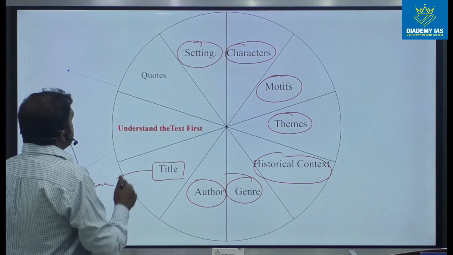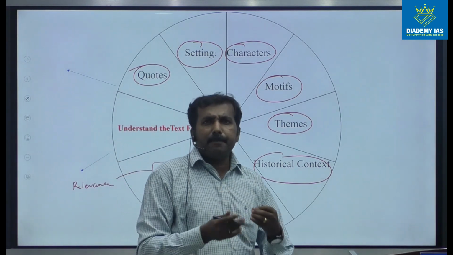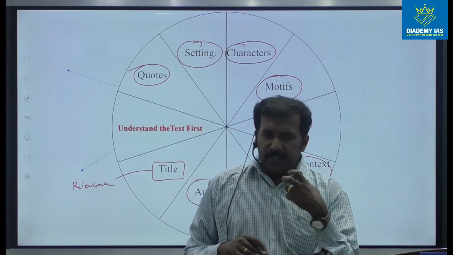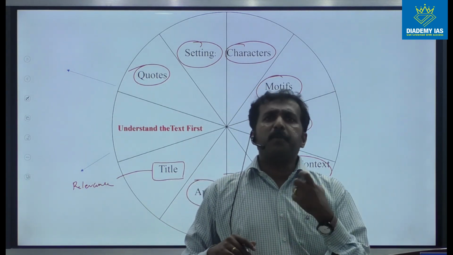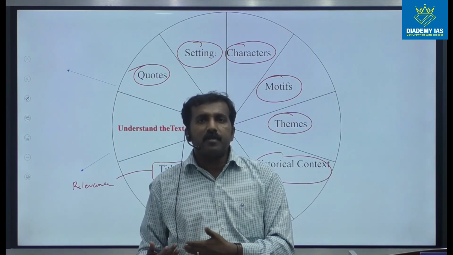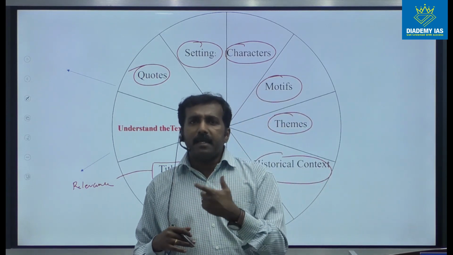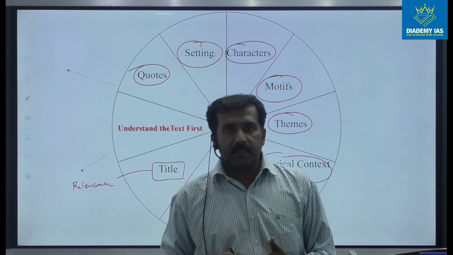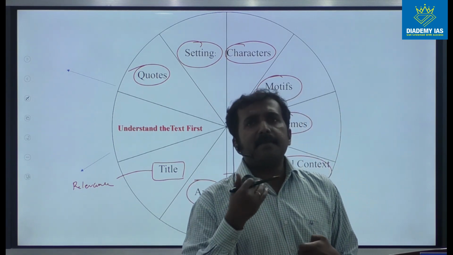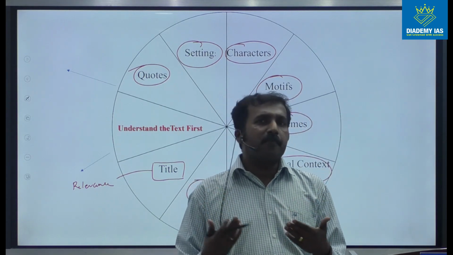The next one is quotes. This is very important. Very, very important. In your answers, try to add maximum quotations relating to a particular work or a particular writer. Suppose you are writing about a poem of John Donne, and this is a metaphysical category, Renaissance category poem or literary work.